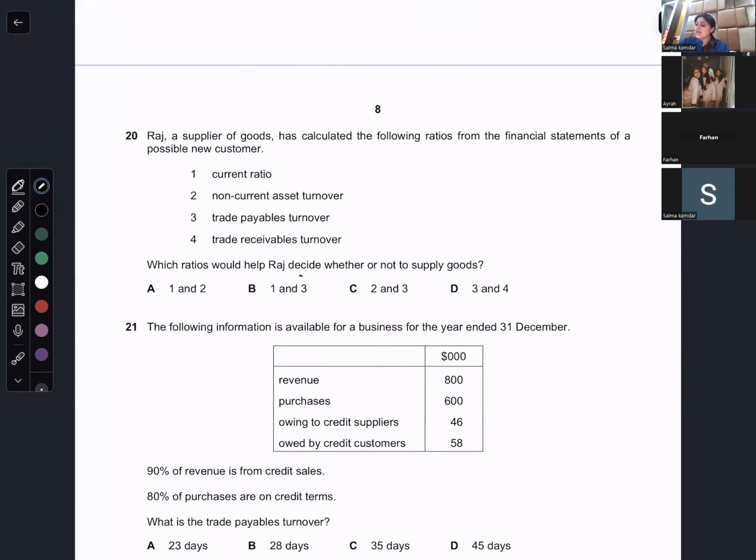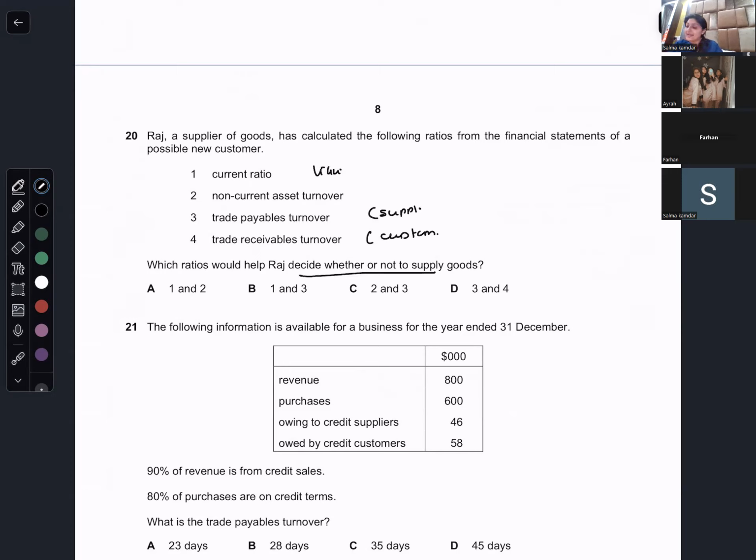Which ratio decides whether you should supply goods or not? Trade receivable turnover tells you in how many days your customers would pay. Current ratio tells you your liquidity position.